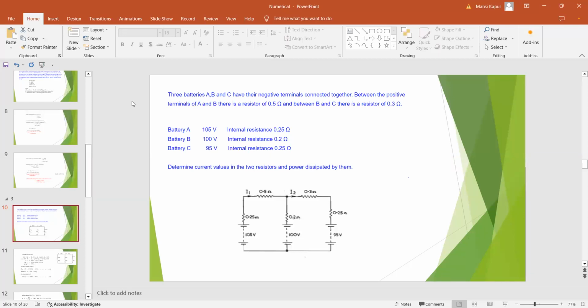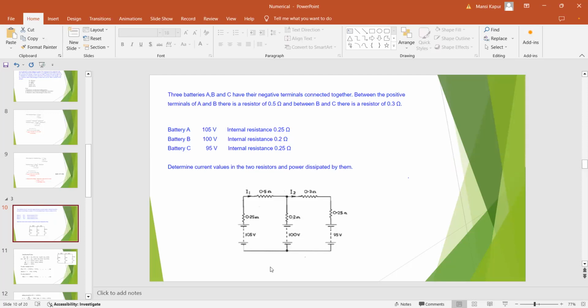Can you connect the negative terminals of all the batteries when they are in series? No. So the batteries are connected in parallel.